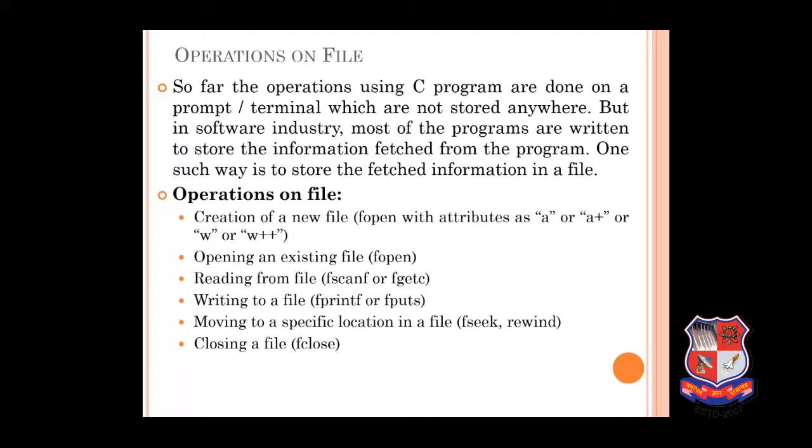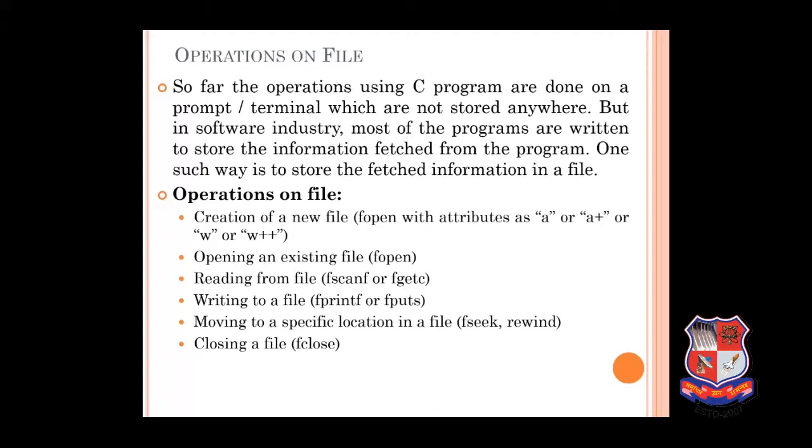To create files, we will be using some attributes which are a plus or w plus. Here a stands for append and w stands for write. We will understand it later. So for opening an existing file, we will be using fopen, which is a function.